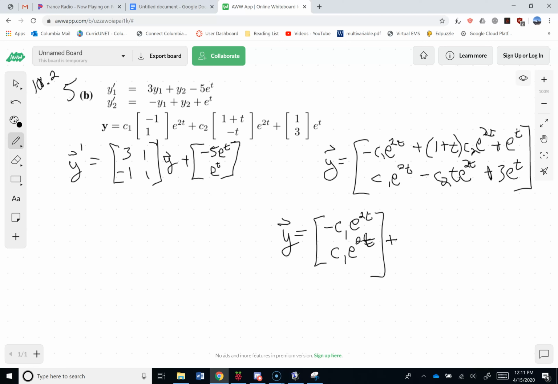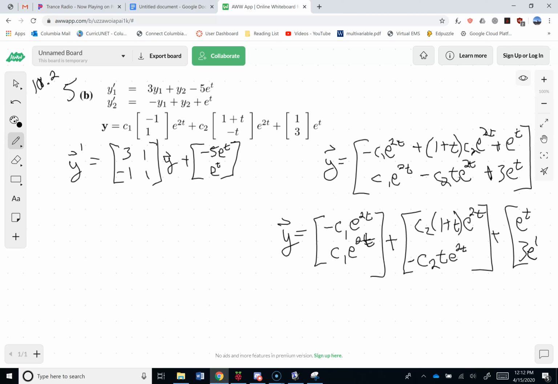And then the second vector's scalar multiplication would be c2 times 1 plus t e to the 2t and c2, I guess, minus c2t e to the 2t. And then that last vector is an e to the t and a 3e to the t.